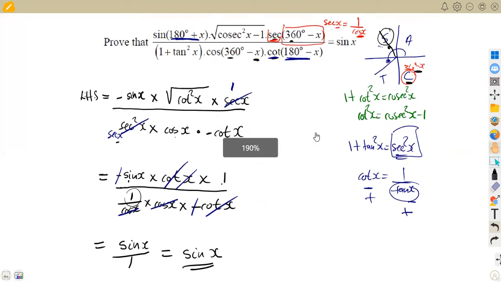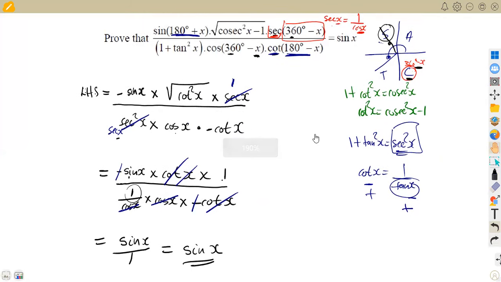So this is how you prove a certain part of your identities or your ratios or whatever part of your trig. You need to work with the application of the identities and knowing your quadrants, especially the quadrants. You need to know them well. Because you are not given the quadrants in your formula sheet, you need to know them by heart, each and every quadrant, like I explained in our previous class, how it becomes x.